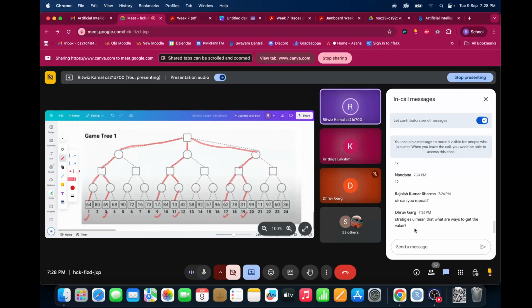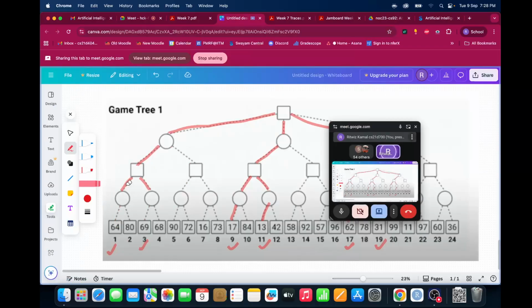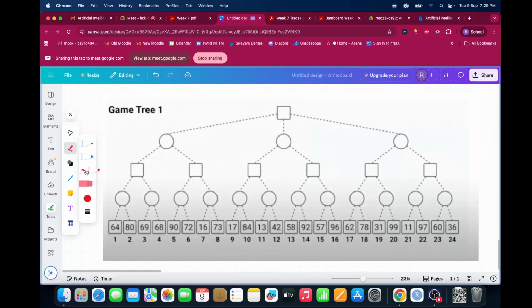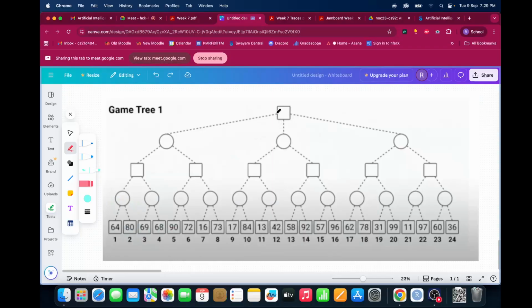So Dhruv, to answer your question, you're asking what exactly is the strategy, right? Let me draw that for you. Let's say we chose to go this one, this, this and this.